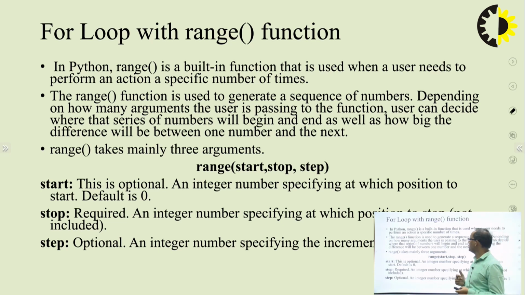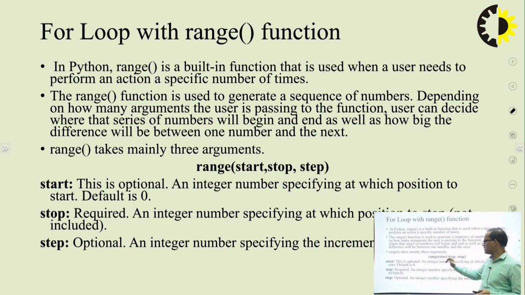The range function is used to generate a sequence of numbers depending on how many arguments the user passes to the function. It means how many times the statement inside the for loop will execute depends on the parameters we pass inside the range function. We will see it with an example. This is the general syntax of the range function. There are 3 parameters.